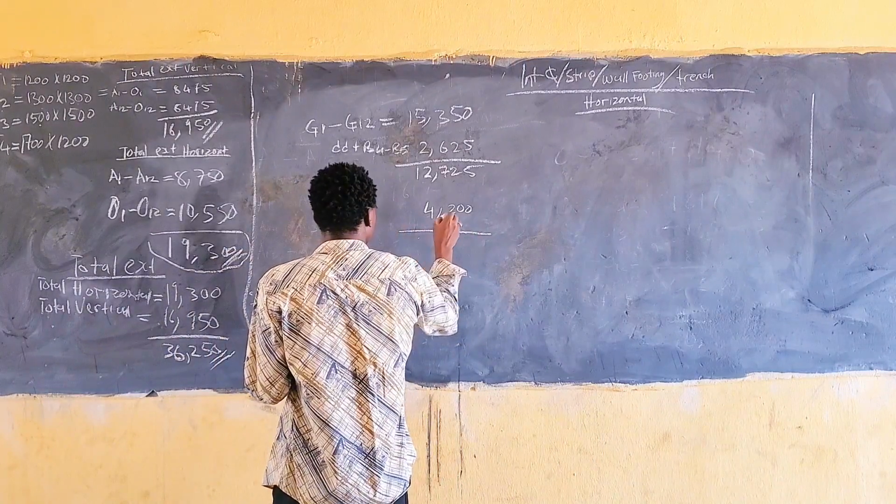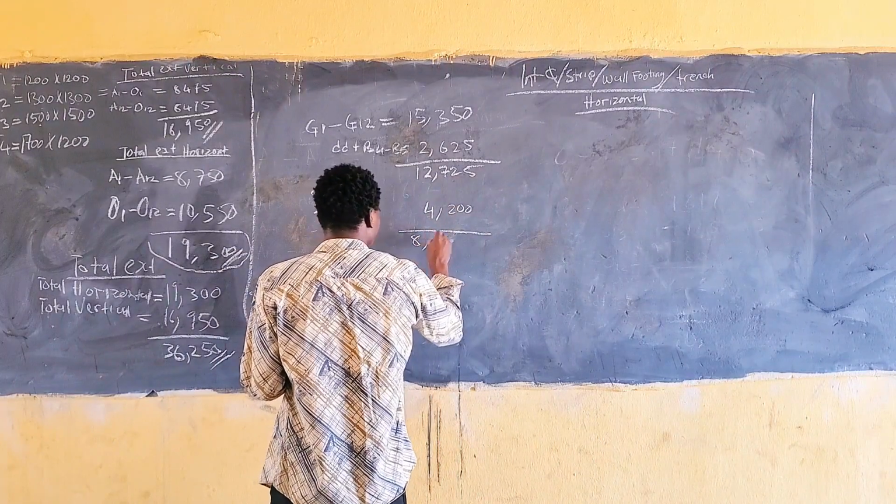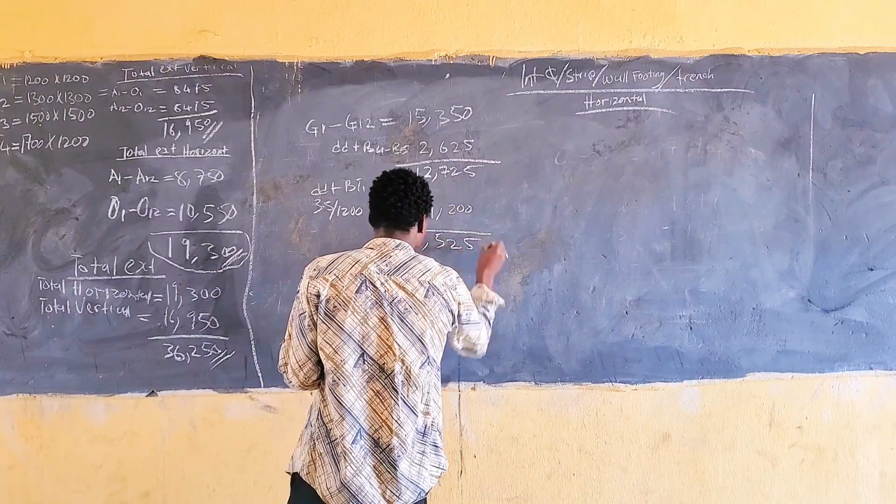We deduct 4,200 from this dimension and we'll get 5,525.